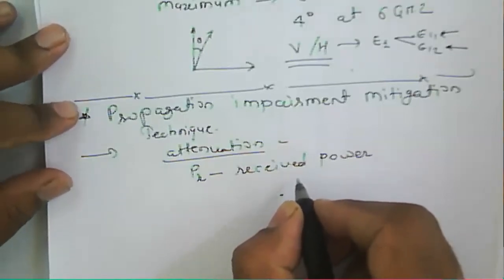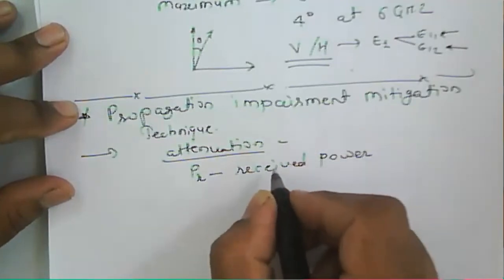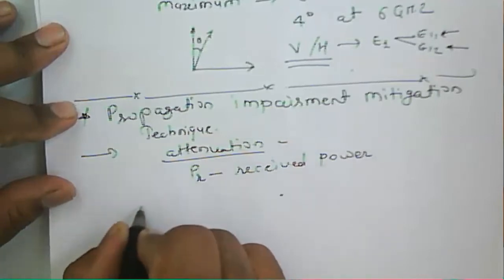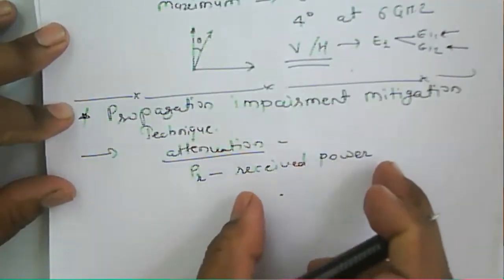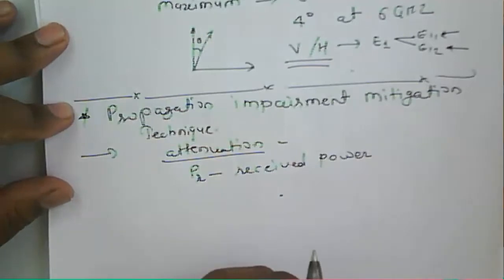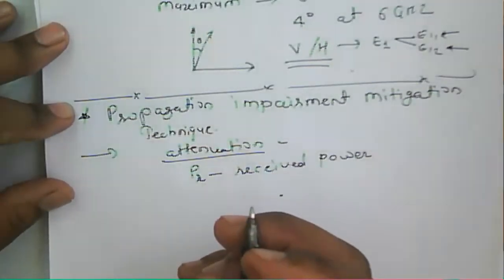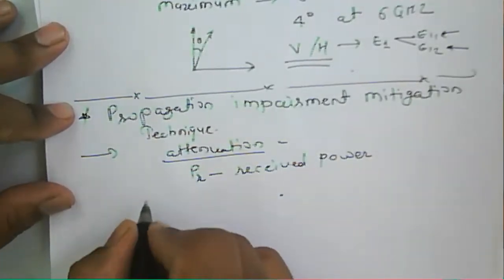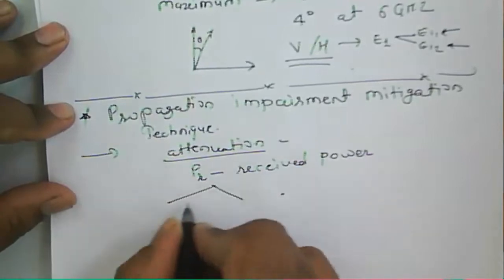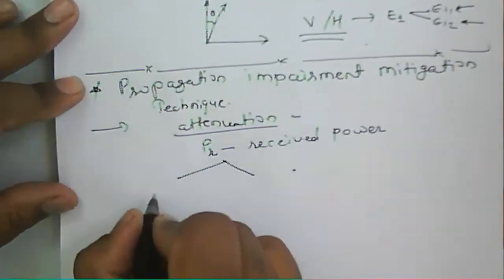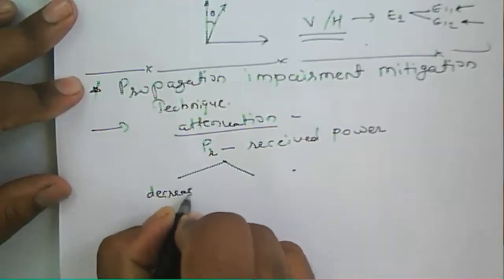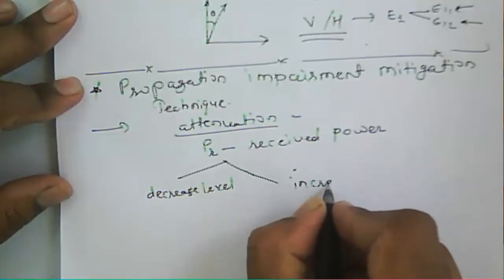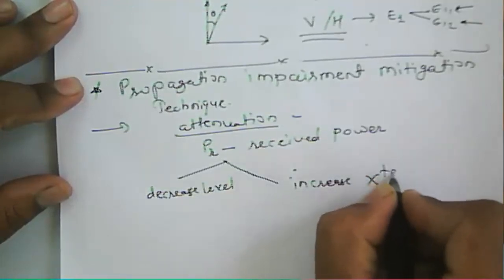Now another way is to increase the received power. Either we can decrease the level of reception of a signal, or we can increase the transmitting power. Whatever the expected value of the received power is, we would decrease the level, or we can increase the transmitted power.